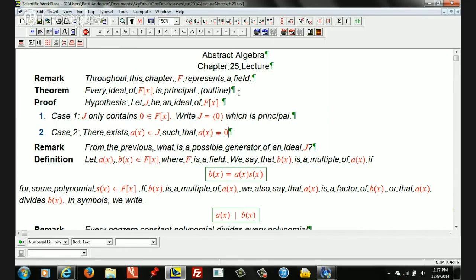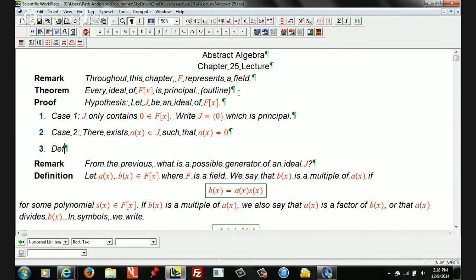A principal ideal just means that it has a generator. Yeah, a principal ideal means that it has a generator. Okay, so we assume that there's some A. Then they define a B. What do they define B to be in this one?